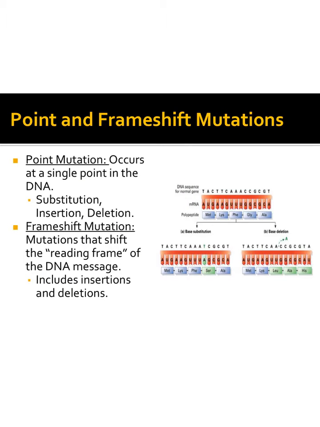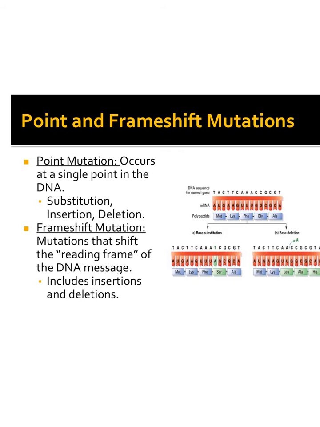So we're going to start with our first category of mutations, gene mutations. We are going to be on the DNA sequence level. The first type we're going to look at are known as point mutations. Point mutations simply occur at a single point in the DNA sequence.